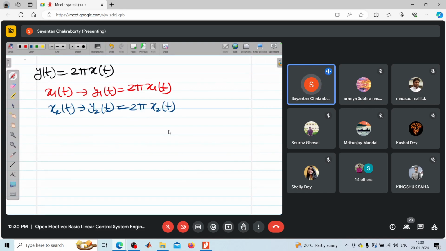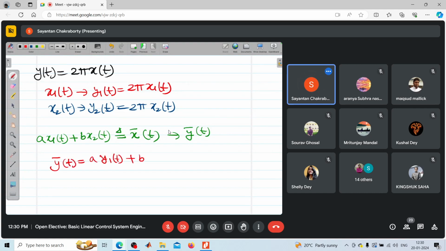So we have to show that, say this is defined as an input x bar(t) and it produces an output say y bar(t). So we have to show that the y bar(t) is equal to a y1(t).